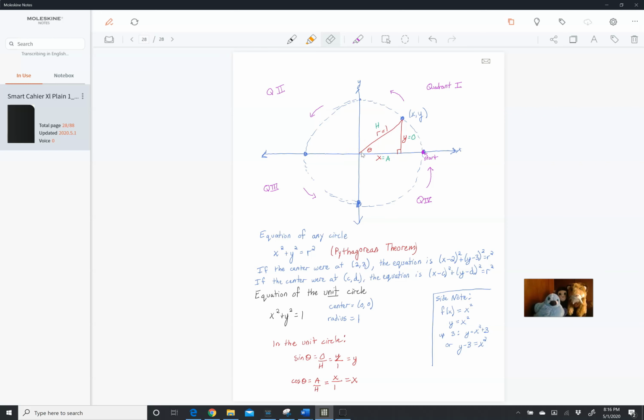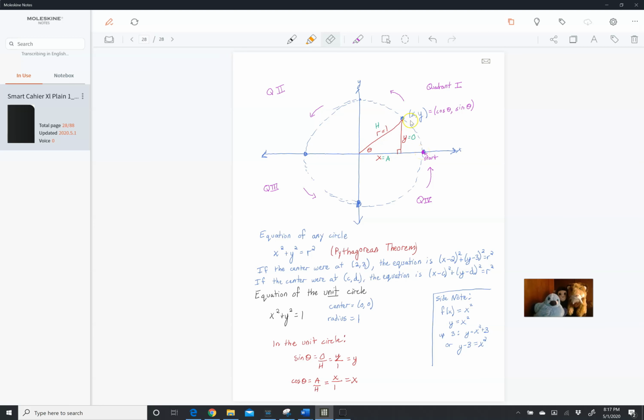But what we're saying is that for any angle, the sine of that angle is y, and the cosine of that angle is x. So whatever our x is equal to, that's the cosine, and whatever our y is equal to, that's the sine of that angle. So what does this mean? Well, we start here.